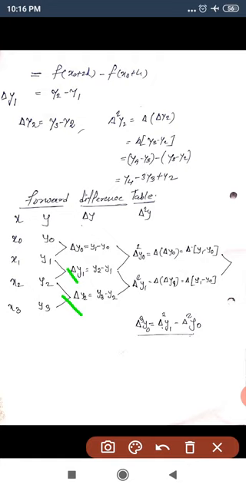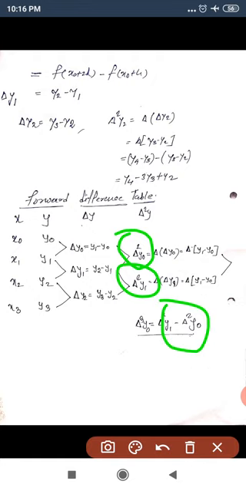Here I have written del square of y0 and del square of y1. Similarly, this value minus this value, we get the next difference, that is the third difference of y0, which is del square y1 minus del square y0.